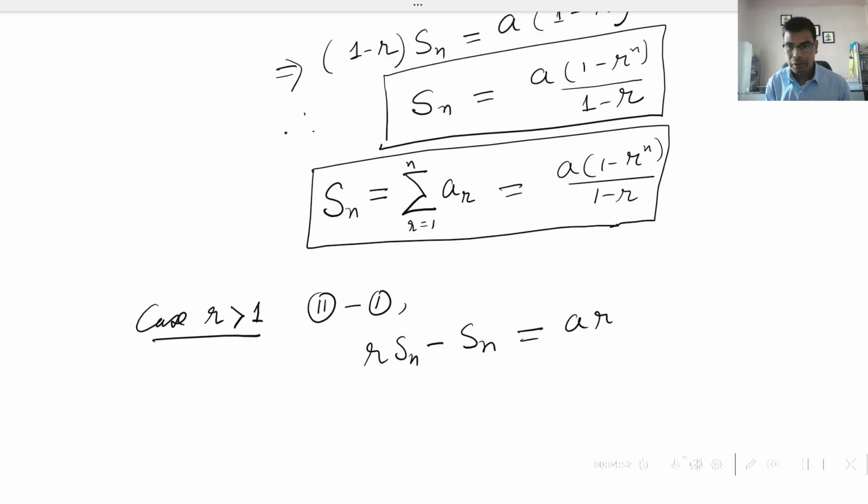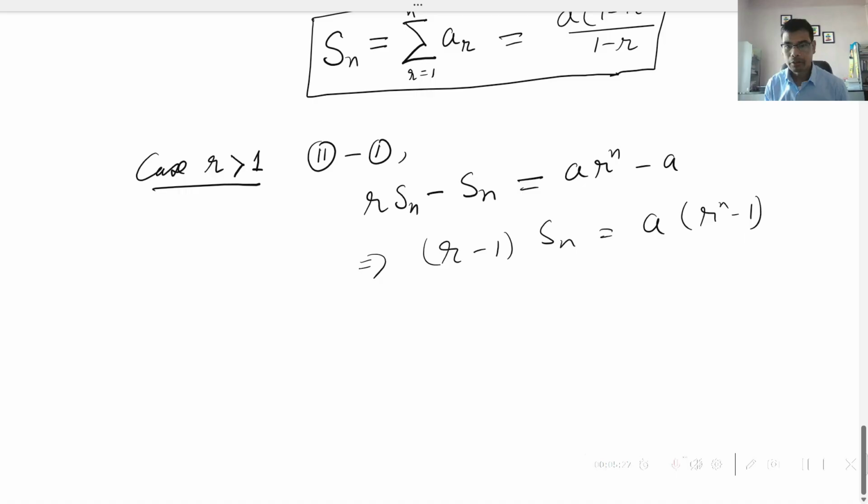Here it will be a r to the power n minus a, because all the terms in between the first term in equation 1 and the last term in equation 2 get cancelled. So r minus 1 whole thing of Sn, and a common, then r to the power n minus 1. Therefore Sn is equal to a, whole thing of r to the power n minus 1, divided by r minus 1.